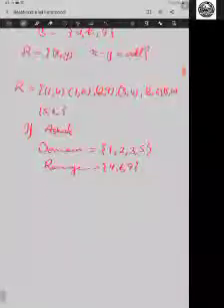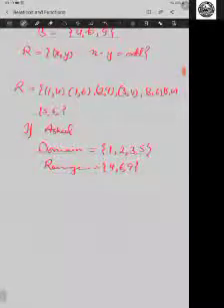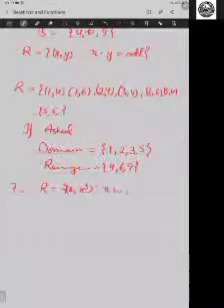Now, directly I'm taking question number 7; 6 we have done in the previous class. The 7th question is: write the relation R equals x cube, where x is prime.